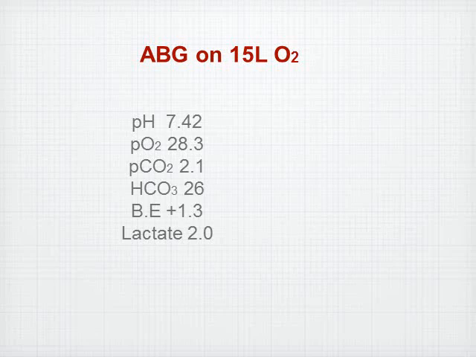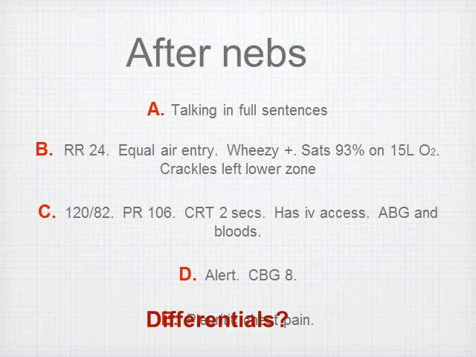CO2 is low because she's breathing it off, but bicarb and base excess are fine, so you think it's acute. And the lactate's kind of normal, though you might expect it to be high because you've already seen she's got crackles, so she might have an infection. So you've got exactly the right answer, but in an exam you might lose points for not having your reasoning, because they want to see how you're thinking, possibly.